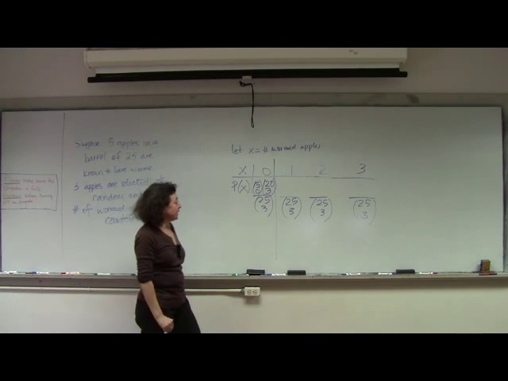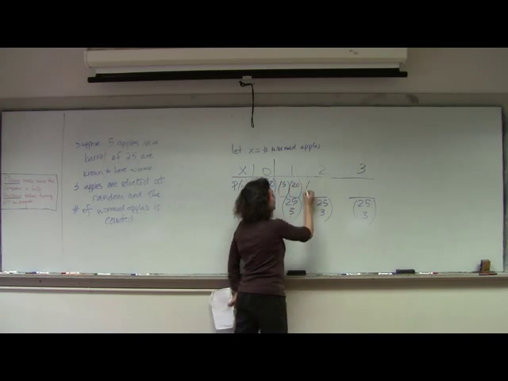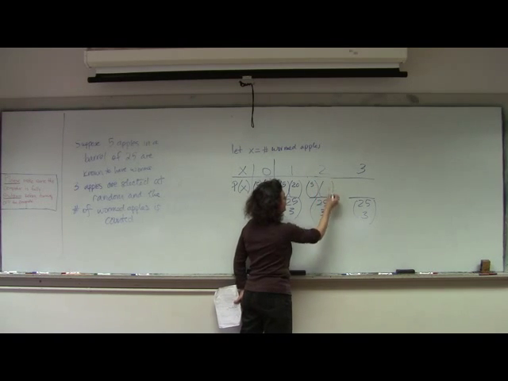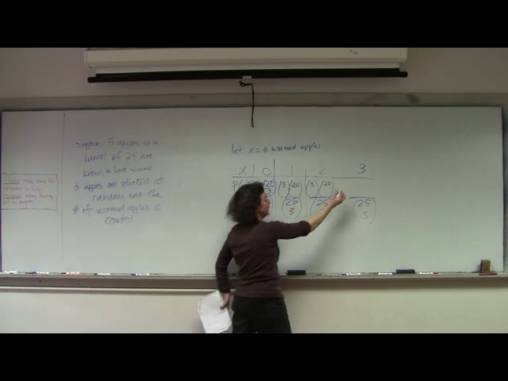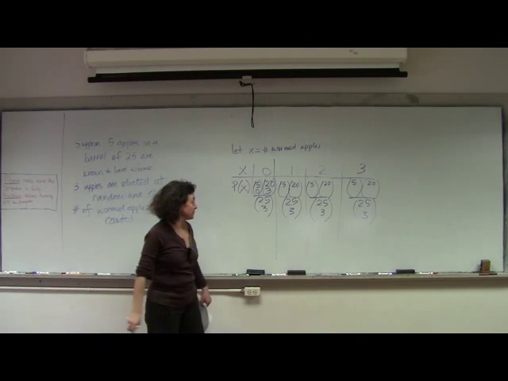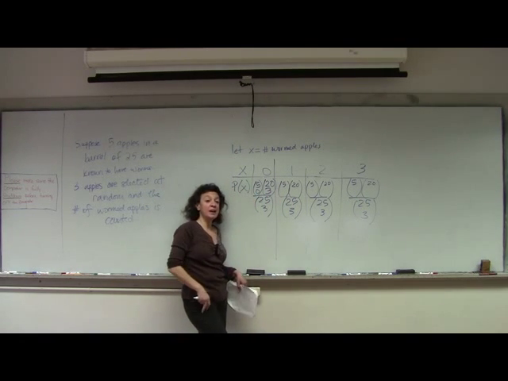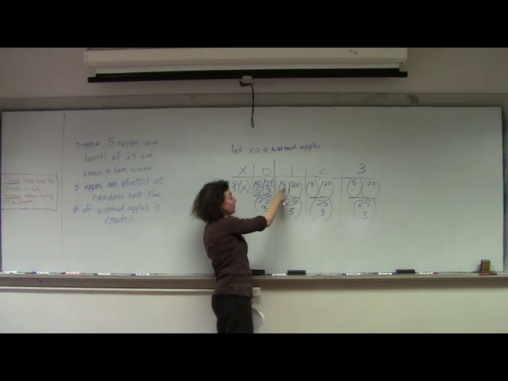All right, now, as we go, our top numbers are not going to change at all because we're still making the distinction between wormed apples and unwormed apples. The only thing that's going to change are our bottom numbers, but they always have to add up to 3. So, in how many ways can we have 1 wormed apple?